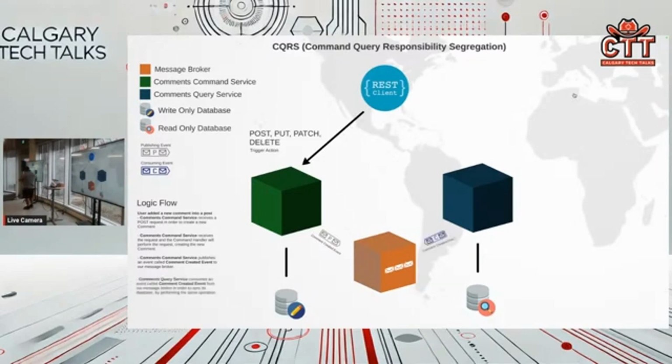Now, in order to sync my database, the query service will consume this event and perform the same operation in its database. So it means that it will sync both databases. The beauty of that is that we can have different databases.